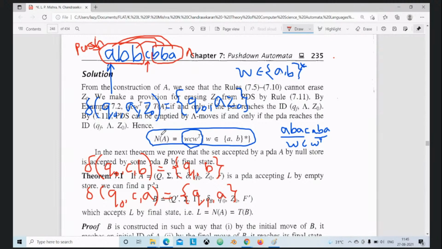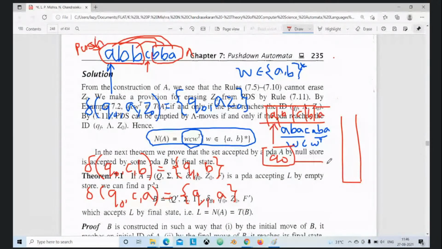Let me see. If you are facing some problem understanding this, then what you can do is take a stack and an input tape like this, and then place your input over here. Let's suppose A, B, C, B, A. Like this you can design and keep in your mind what is happening.